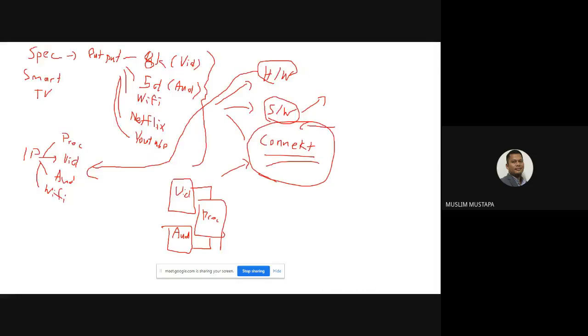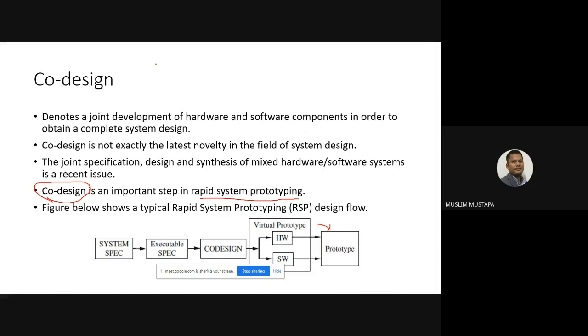Then you talk to the customer, and the customer says okay, we agree to go with 4K ultra instead of 8K. So then you go back, change the system spec, and go back to the executable spec. Then go into co-design. Again, in the co-design, something happens. Maybe there's some hardware problem, and you change a bit.